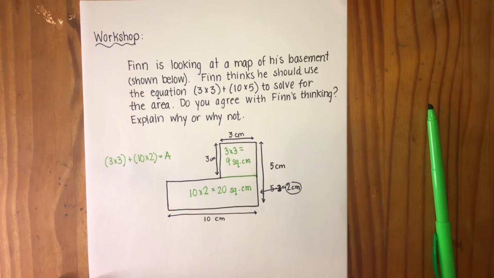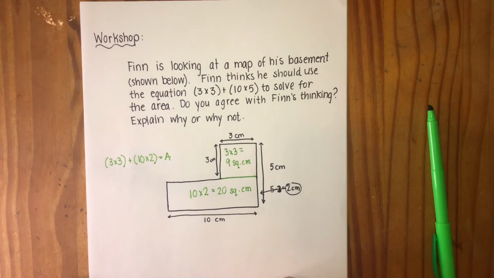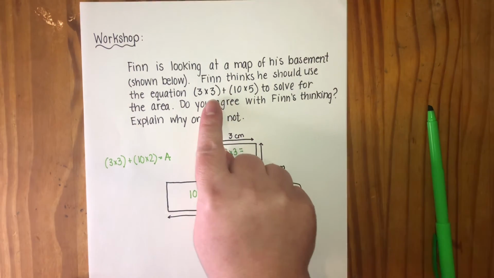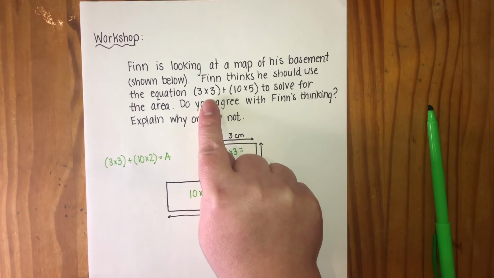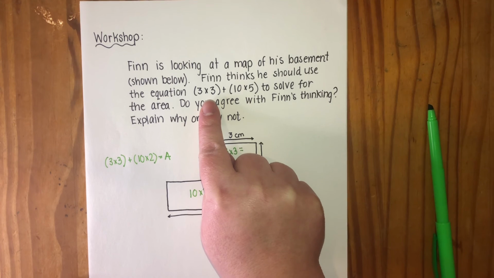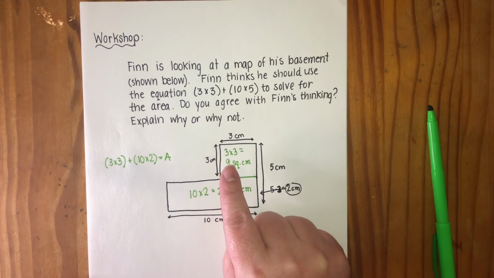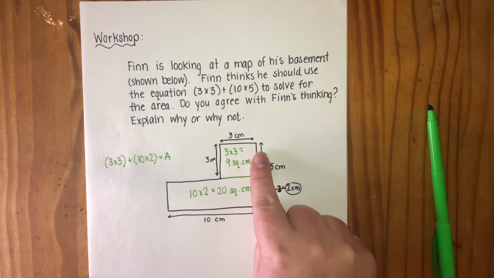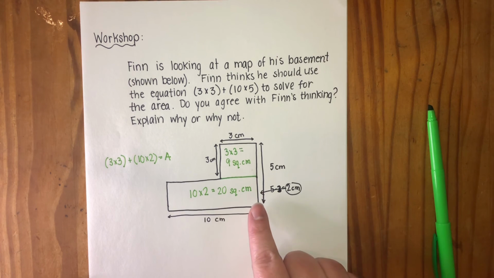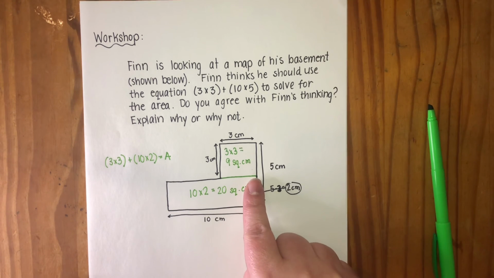Finn's thinking starts off correctly by multiplying the length and the width of the top rectangle to get the area. But Finn multiplies 10 by 5, which is not correct because the width of 5 is for the whole figure and not the width for the bottom rectangle.